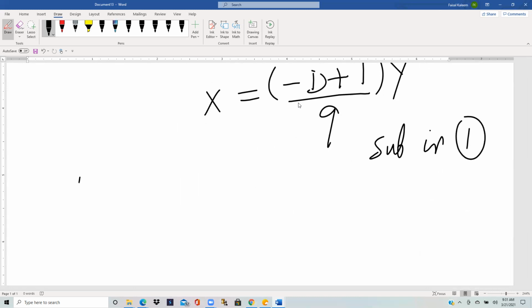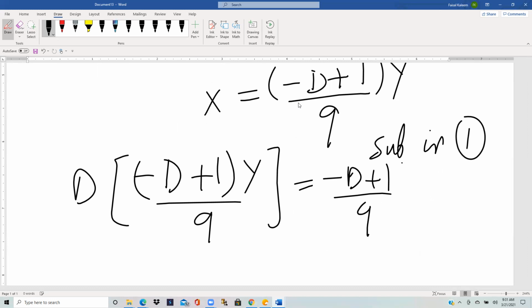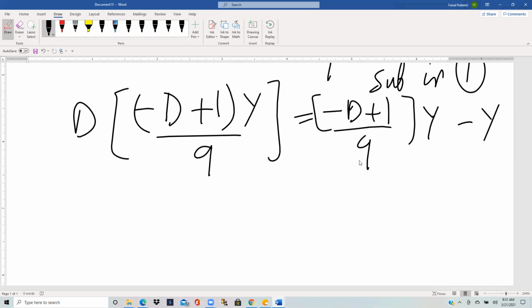So dx, where x is negative (d plus 1) y over 9, is equal to x minus y. So x is again negative (d plus 1) over 9 y, minus y. So to clear the fraction, we can multiply everything with 9.